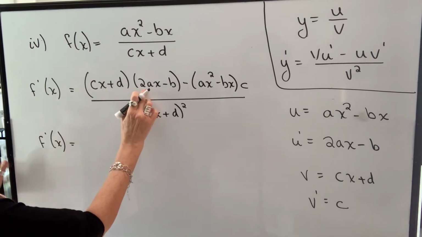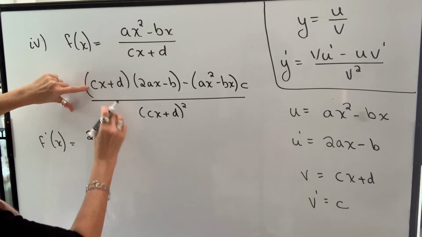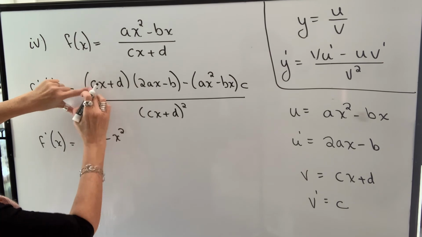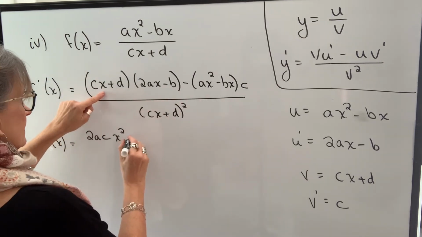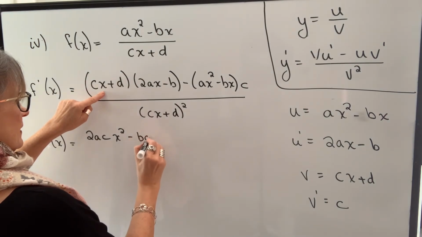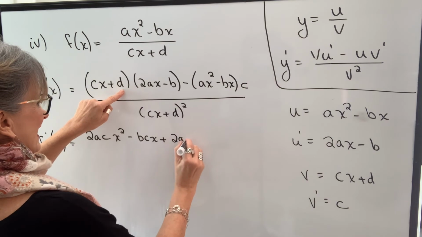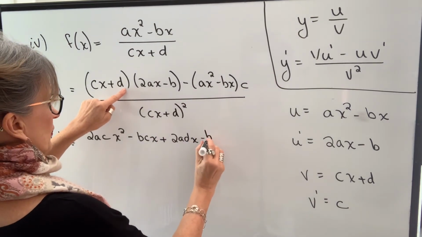by foiling this. So I'm going to get 2ac, and then x times x is x squared. So I put the 2 in the a and the c because they're all constants, I put them out front. Minus bcx plus 2adx minus bd.